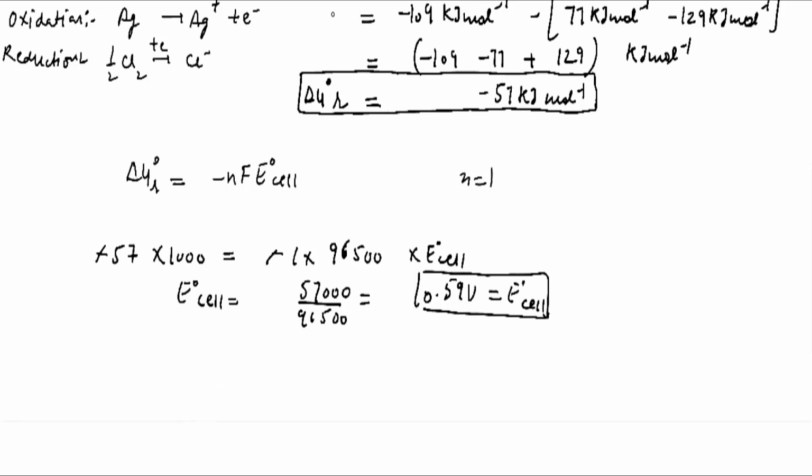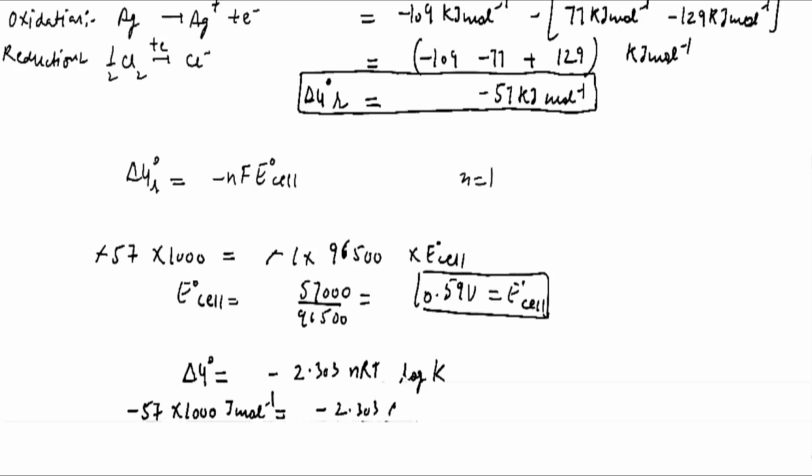We calculate K from delta G naught, as delta G naught is minus 2.303 nRT log base 10 K. Delta G naught is minus 57 into 1000 joule per mole, equals minus 2.303 into N, which is 1, into R, which is 8.314 joule per mole per Kelvin, into temperature.